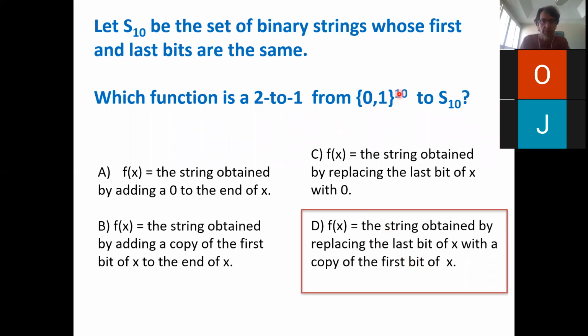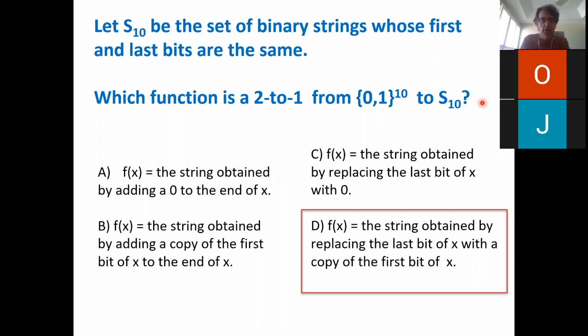But maybe slightly perversely, I can also think of this as a function that takes any 10-digit string and creates that one. What that function does is it slashes the last bit by making the last bit a copy of the first. That slashing is a 2-to-1 operation because basically it ignores the last bit, right? So two possibilities were mapped into the same one.